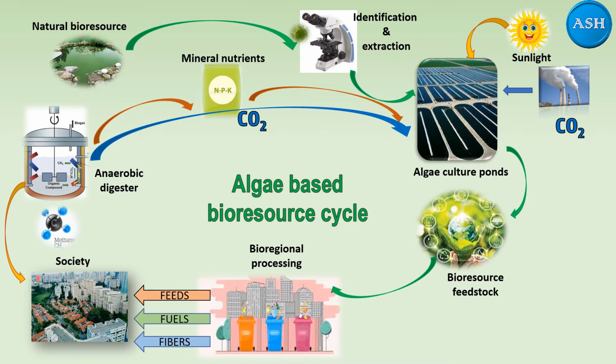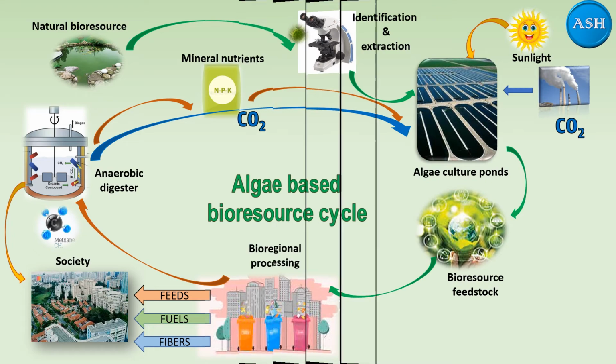Means after biorefinery processing, feeds, fuels and fibers are formed, and all these things are utilized by the society. And this biorefinery processing can be extended back to the anaerobic digester. So, this completes the cycle known as the bioresource cycle based on algae.